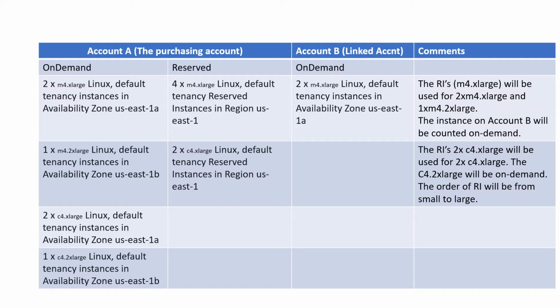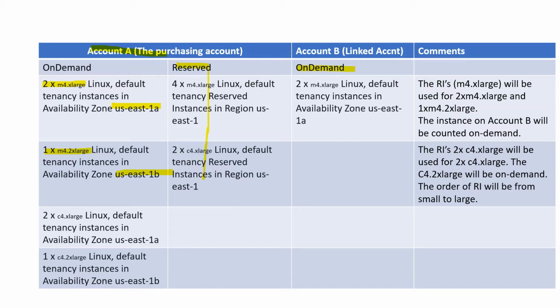Here we have two accounts, account A, where we are purchasing the reserved instances, and account B, where some on demand instances are running. Here you can see on demand 2 m4.xlarge running in availability zone A, and then 1 m4.2xlarge in US East 1B.